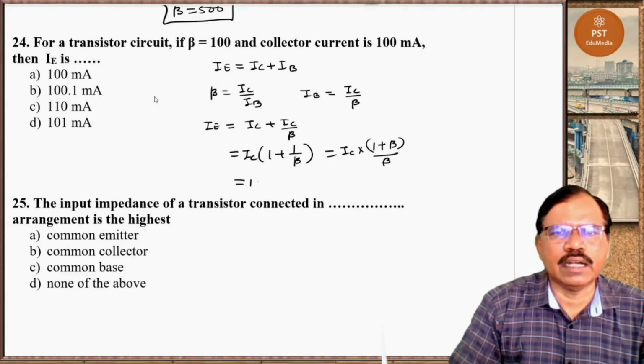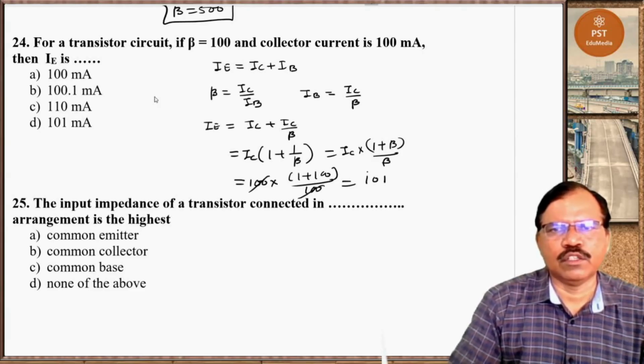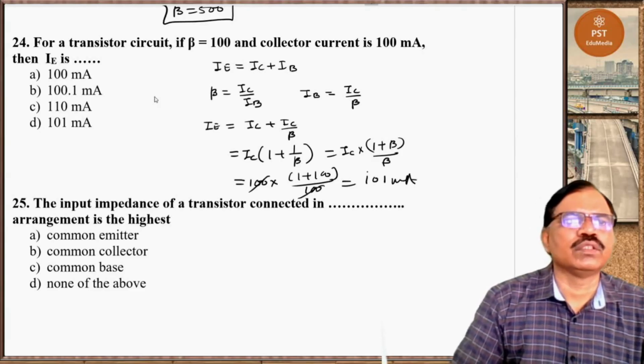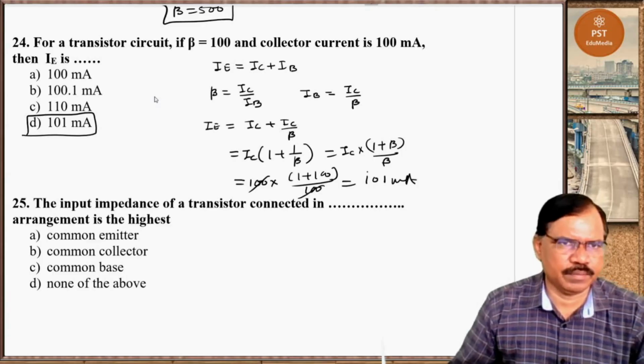Now IC is 100 milliampere into 1 plus 100 upon 100. So it is 101, the 100 will get cancelled. So here 101 milliampere.